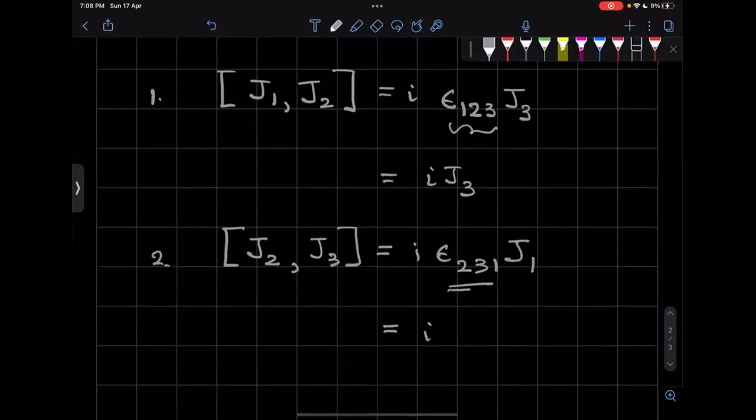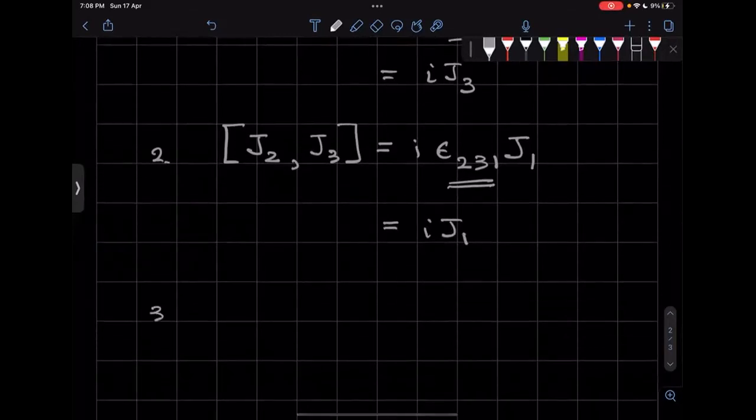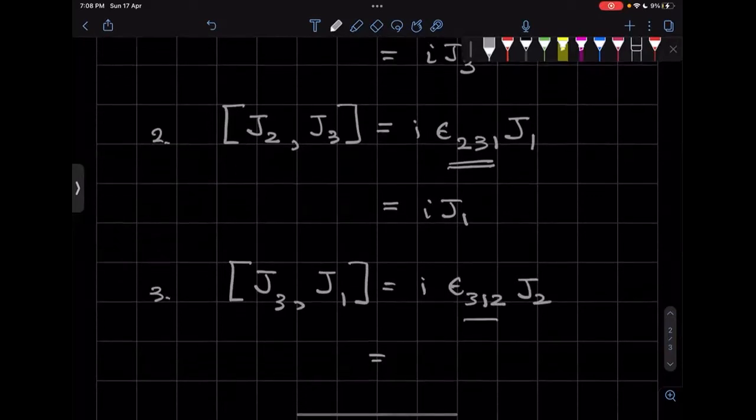Again, this is an even permutation, so we get, again, +1. Okay. So the number 3 is when one of the indices is 3, and the other one is 1. Then we have i epsilon 3, 1, 2, J2 again. This is an even permutation, so we have i J2.